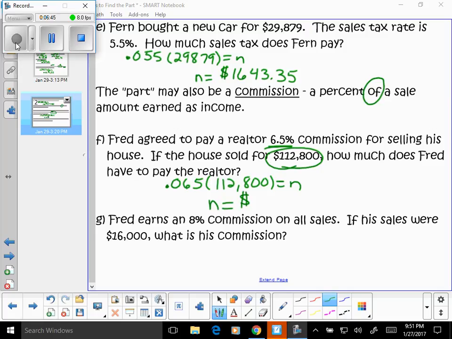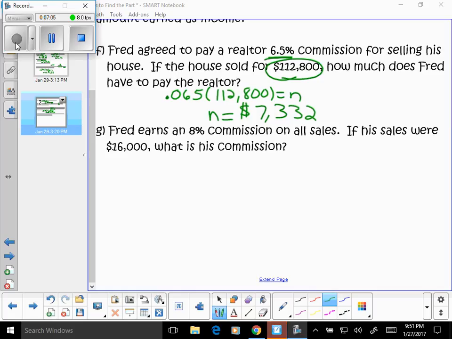And Fred is going to have to pay that realtor $7,332 for selling his house. So if he gets the whole 112,800, you're going to have to subtract 7,332 to pay the realtor. Okay? You try G.